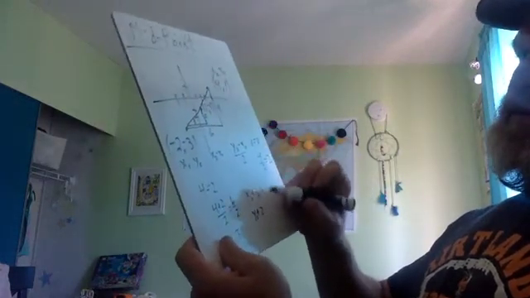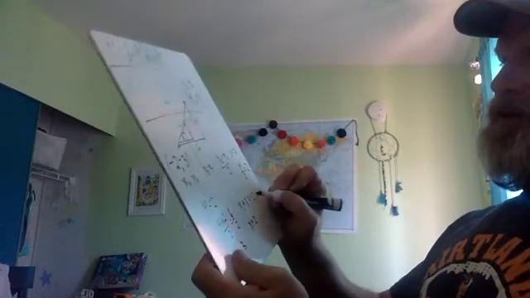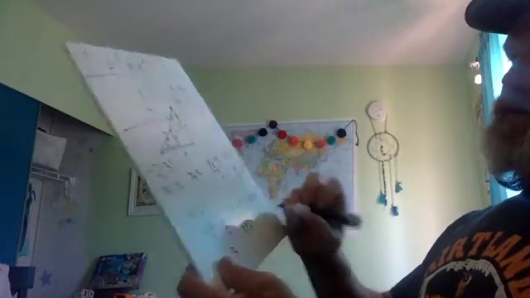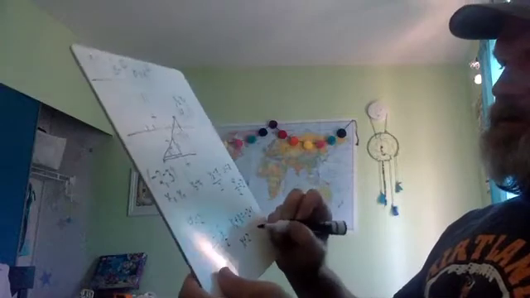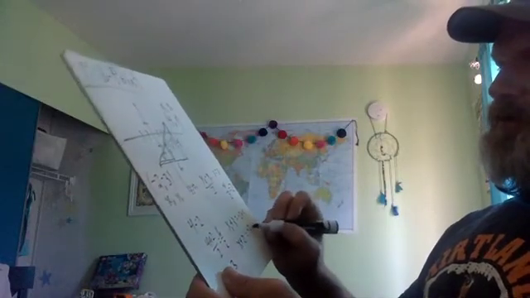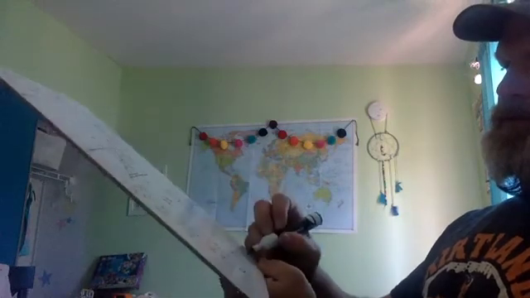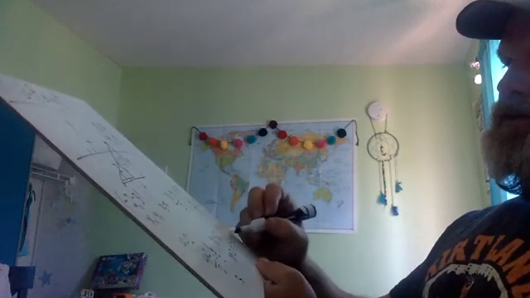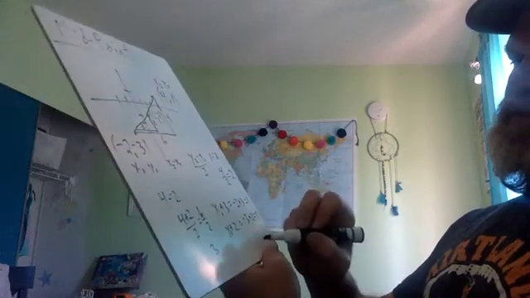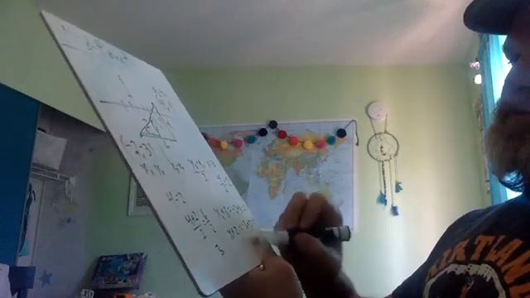And x1 was -2, so it's -2 plus 3. And y1 was -3, so it's -3 plus 2. And that's how you get 1 and -1. So it's 1, -1.